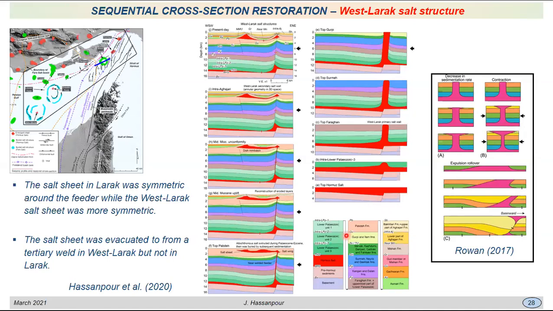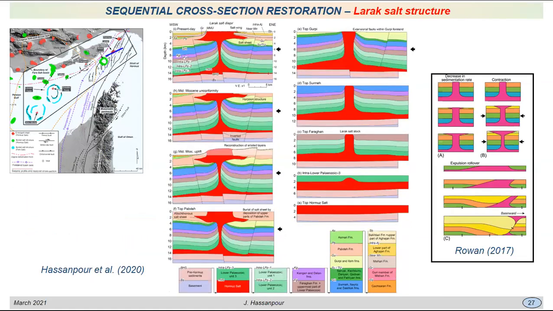And for both of them, since late Cretaceous and especially in the Paleogene time, we have got extrusion of evaporites forming a salt sheet, which is asymmetric in the case of the West Larak and quite symmetric in the case of Larak. The other, and since Oligocene, we have got the squeezing of the salt structure and uplift of the area, followed by erosion and extrusion of evaporites to the surface, as we can see in the Larak Island today.